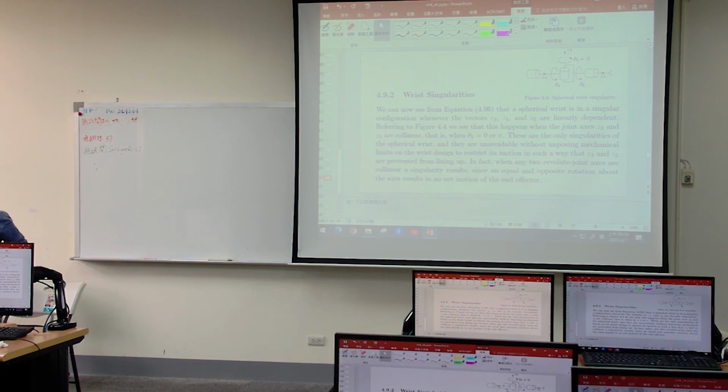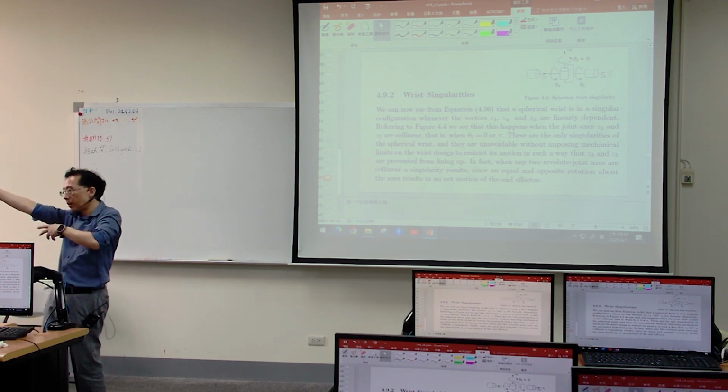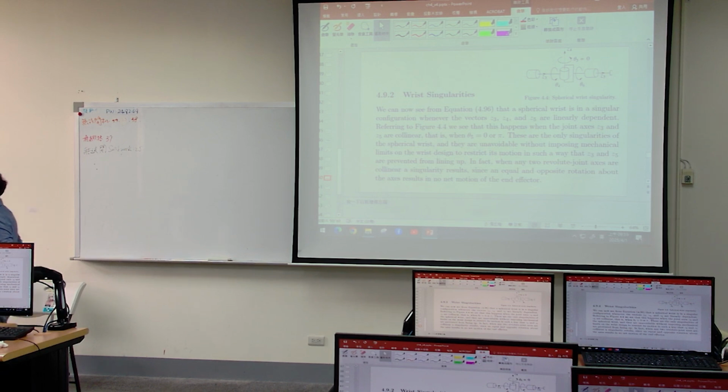This is one of the cases for wrist singularity, because Z3 and Z5 are collinear and they did not show any difference, even though I input the command to rotate Z3 or Z5. The wrist section is connected with our end-effector, so it's quite important, because whatever we need to perform, we attach to the wrist joint.